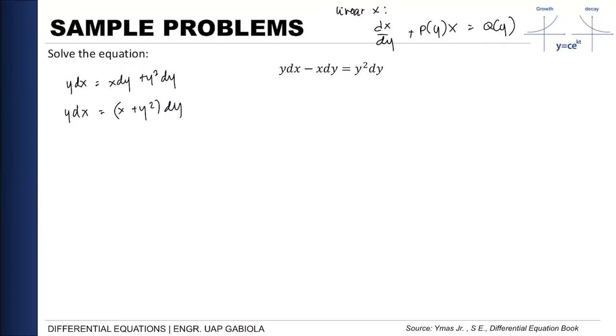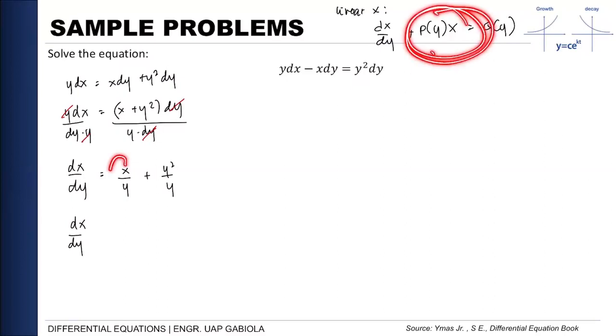And then, para magkaroon tayo ng dx over dy, kasi kailangan natin sundin to, divide natin both sides by dy. And para ma-isolate si x, divide natin by y. Okay? Cancel out. So, we have now dx over dy is equals to x over y plus y squared over y. So, simplify natin, we have dx over dy. We need to have this one, no?